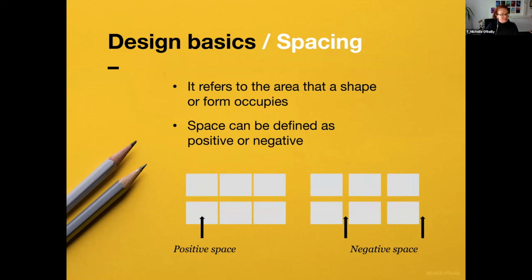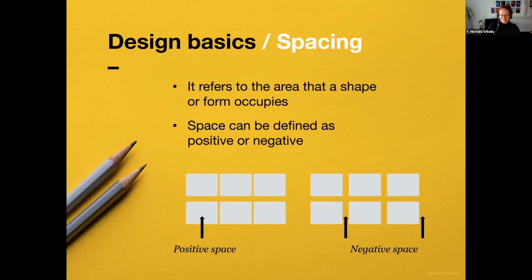So spacing refers to the area and the shape or form that occupies the space. And space can be defined as positive or negative. The positive space fills the space with the objects or elements in the design, and the negative space is that empty or open space between and around objects, such as the background.